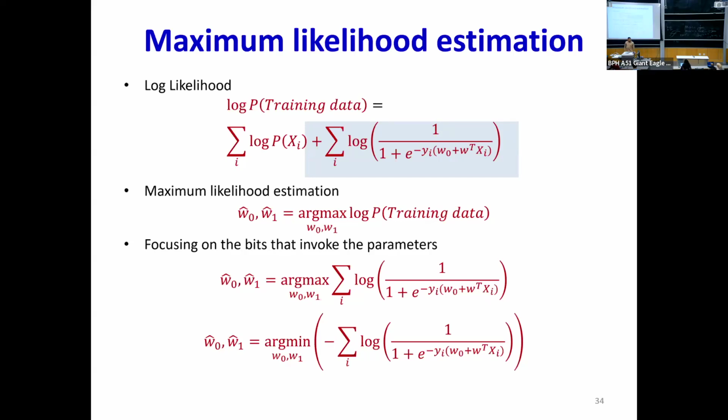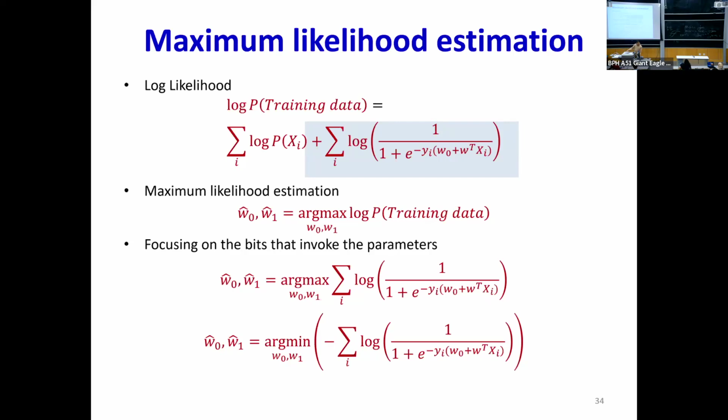This first component is not dependent on the model. It's just the probability of x. So all you're left with is the second component, which means we only need to maximize the sum over all training instances of the log of the logistic function computed at that x, right? Or alternately minimize the negative log.